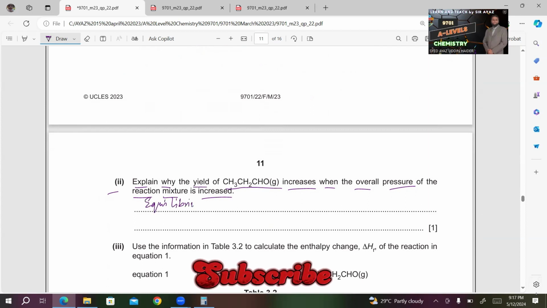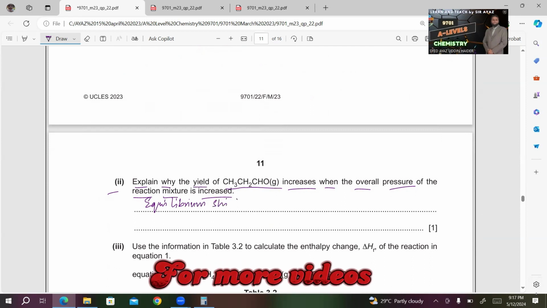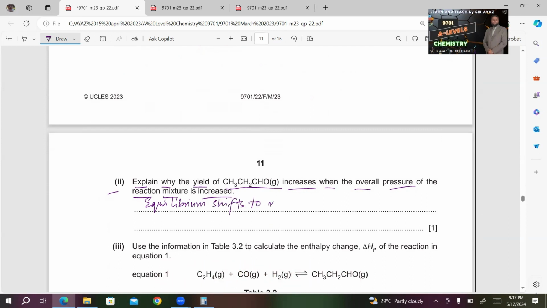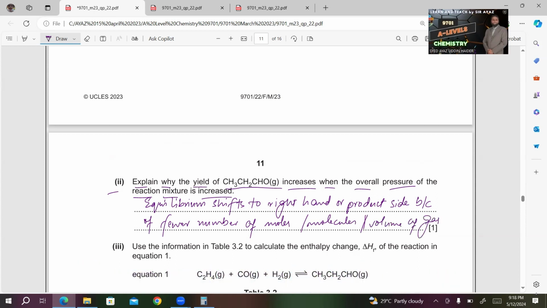Equilibrium shifts to the right-hand or product side. It's because of the fewer number of moles or molecules or volume of gases on that side.